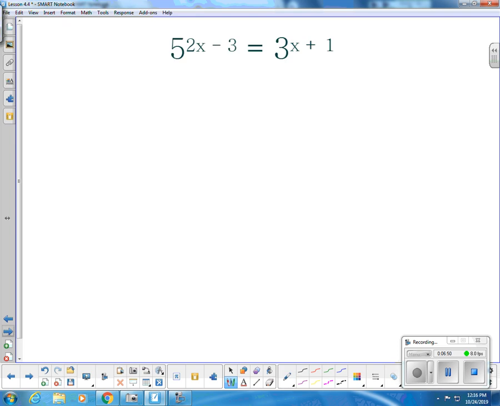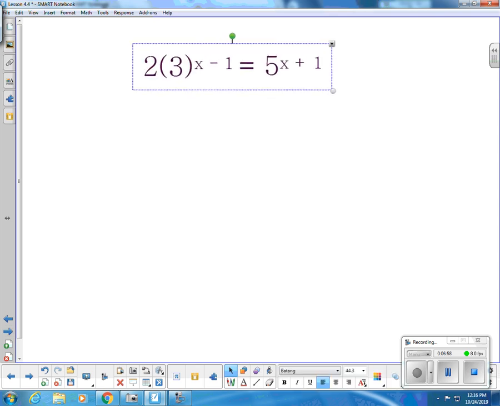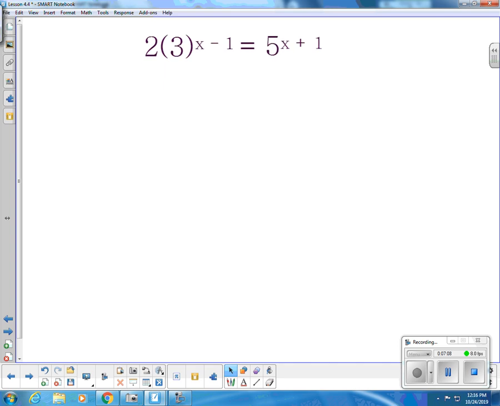We want to do this one or this one? Let's do this one. This one's more complicated than the other one, so it's better. All right, we have exponents on both sides. So we have to take the natural log again of both sides.